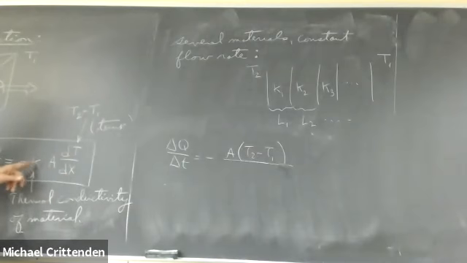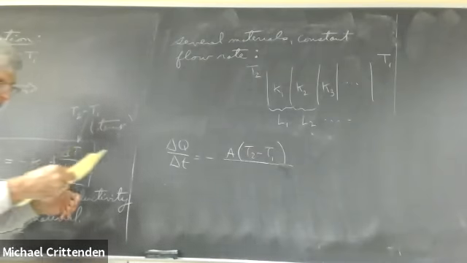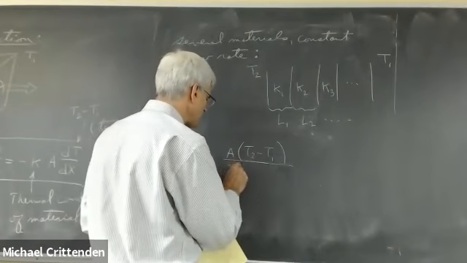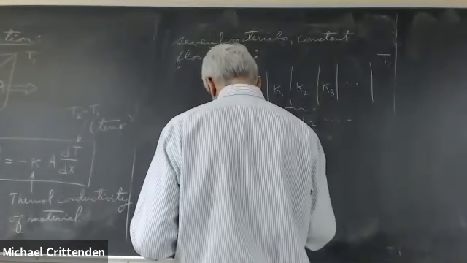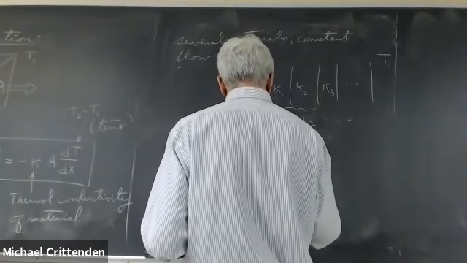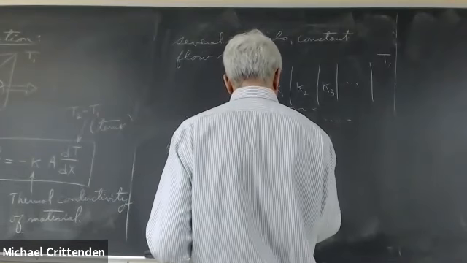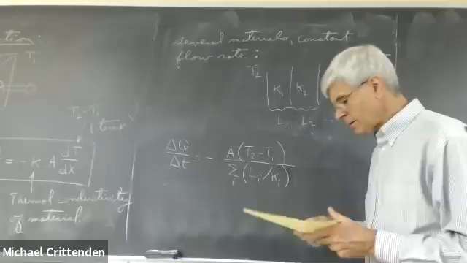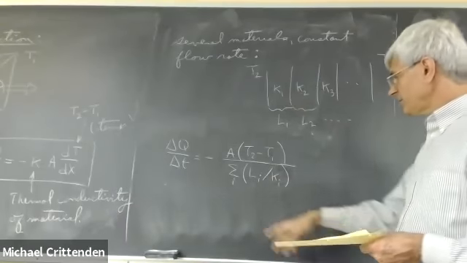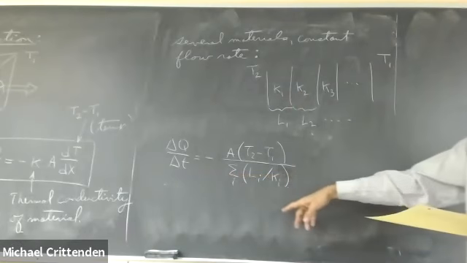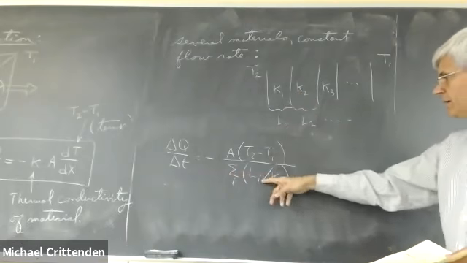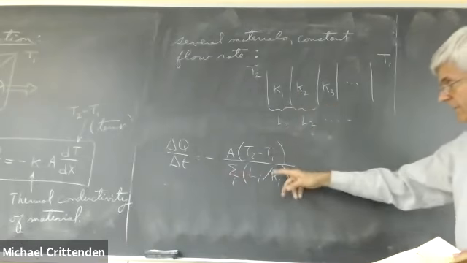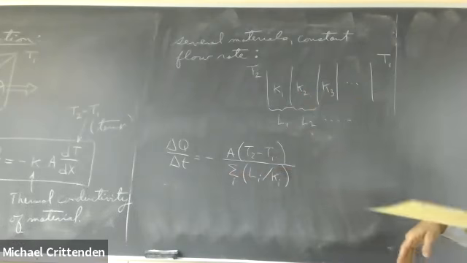And I'm going to package that together with the conductivity by rearranging things like this. You put it all together for these different materials, this denominator would be L over K for material 1 plus L over K for material 2 plus L over K for material 3, and so on for however many of them there are.